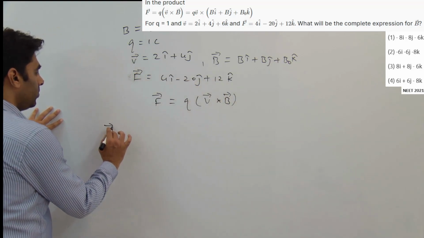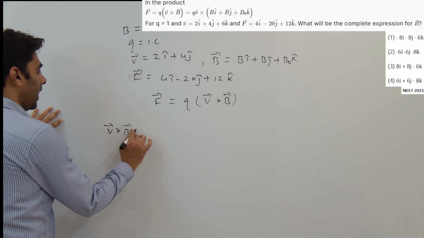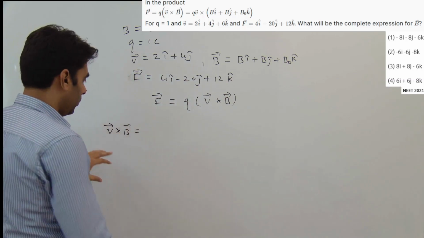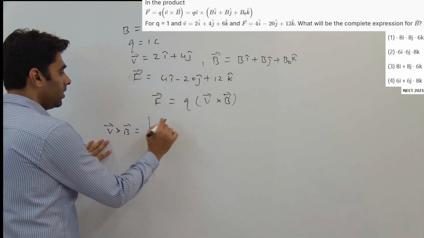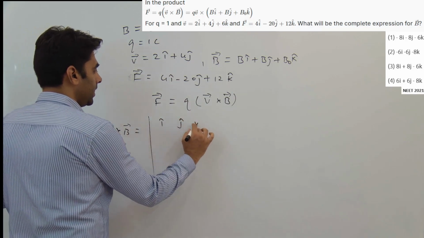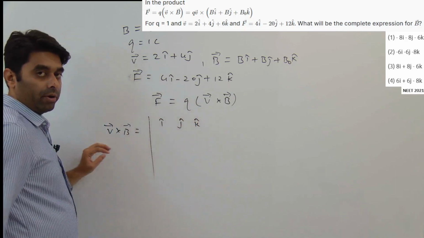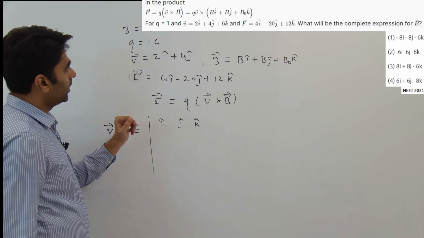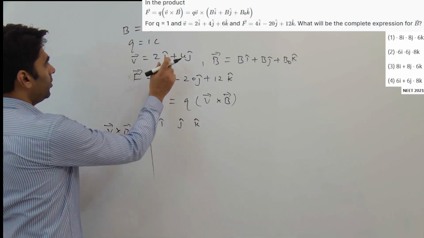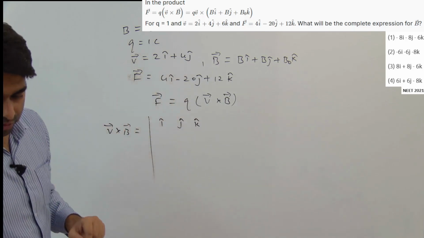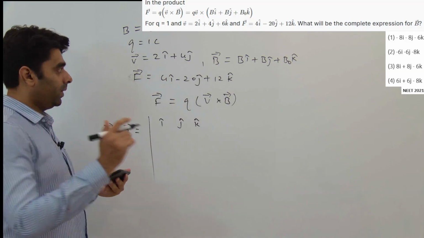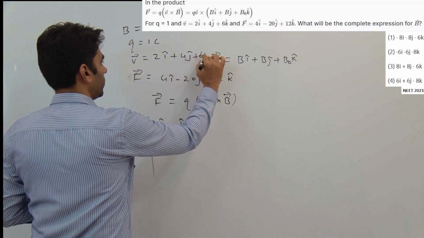Let us calculate V cross B. To calculate V cross B, I am using the matrix method. What is matrix method? First row it will be I, J, K. Second row it will be coefficient of velocity. What is coefficient of velocity? 2I 4J plus 6K cap. Okay, 6K is also there.